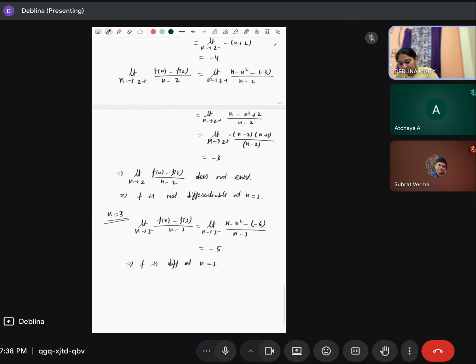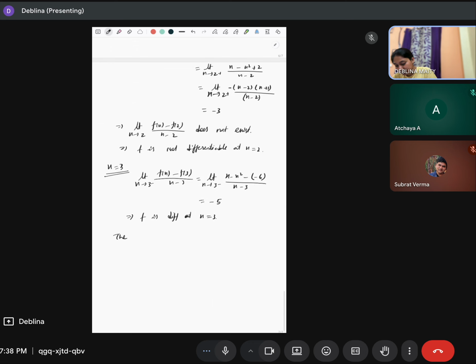The domain of f' is [0, 1) union (1, 2) union (2, 3], where 3 is closed, right? Because it is not differentiable at the points 1 and 2, and it is differentiable at the other points. So this is the domain of f'. Okay, you got it?